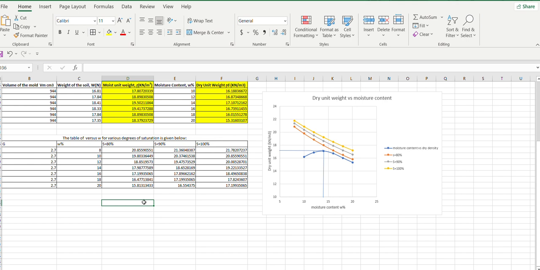So from the book of B.M. Das, the OMC, optimum moisture content, is 14.4%, and from our graph also it's somewhere in the 14 range. The dry density, or maximum dry unit weight, is equal to 17.15 kilonewton per meter cube.